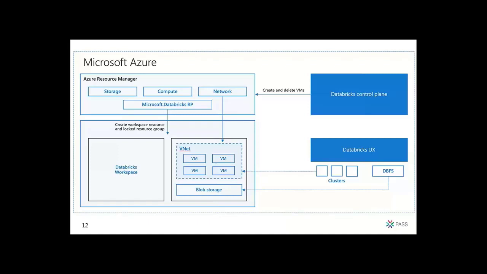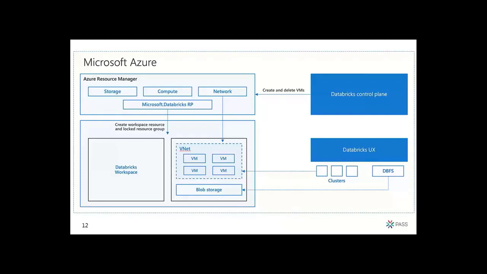So it offers high-speed connectors to Azure storage services, and when a customer launches a cluster via Databricks, a Databricks appliance is deployed as an Azure resource in the customer's subscription. Then the customer specifies the types of VM to use and how many nodes they require. But Databricks manages all other aspects.